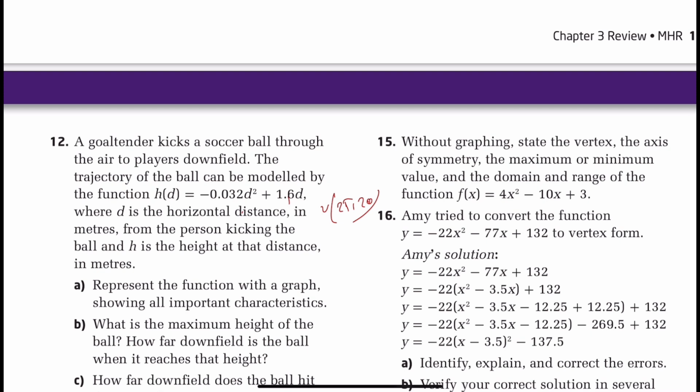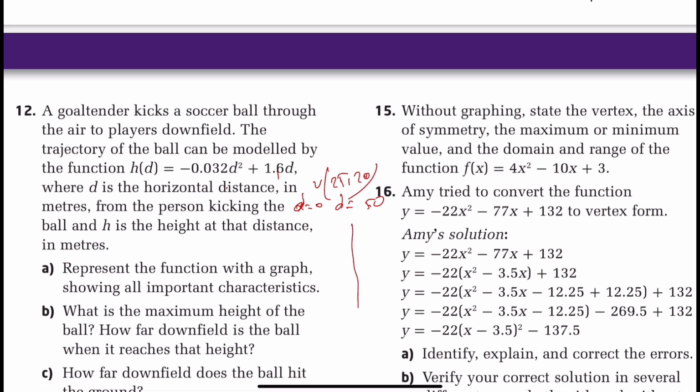That means one intercept is 0, the other intercept is d times d, 1.6 minus 0.2d. That means the other d is 1.6 over 0.32, which is 50. So the two x-intercepts are d equals 0 and d equals 50. So my drawing will be like this. I will draw x and y.